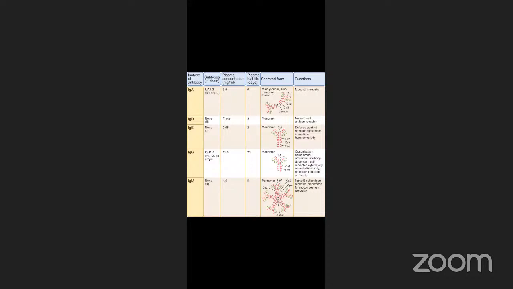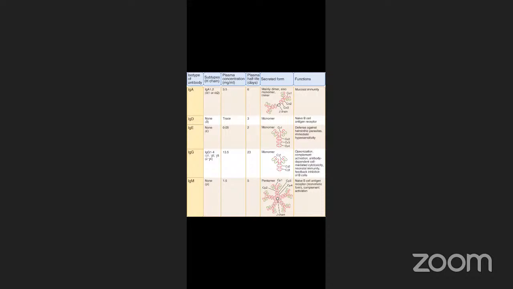The paratope is the site or part of the antibody where the antibody communicates with the antigen.